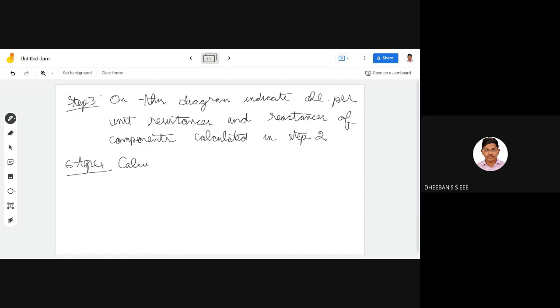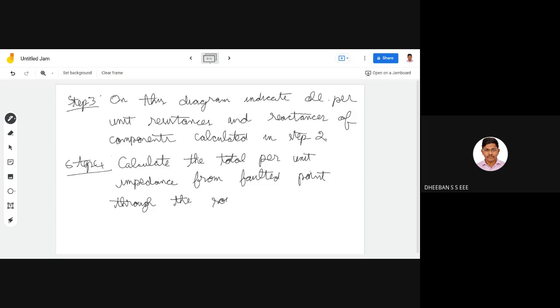Calculate the total per unit impedance from the faulted point through the source using the concept of electrical circuit analysis.